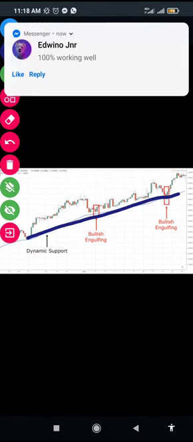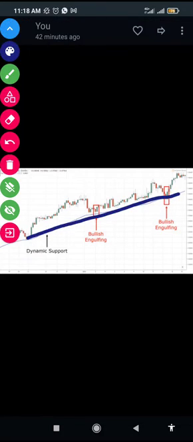Now, when it gets closer to this line, what are we supposed to be looking out for? We are supposed to be looking out for the entry trigger, which is one of those candlesticks we talked about. We have seen trend, we have seen area of value, and now we are looking for an entry trigger. What happened here?